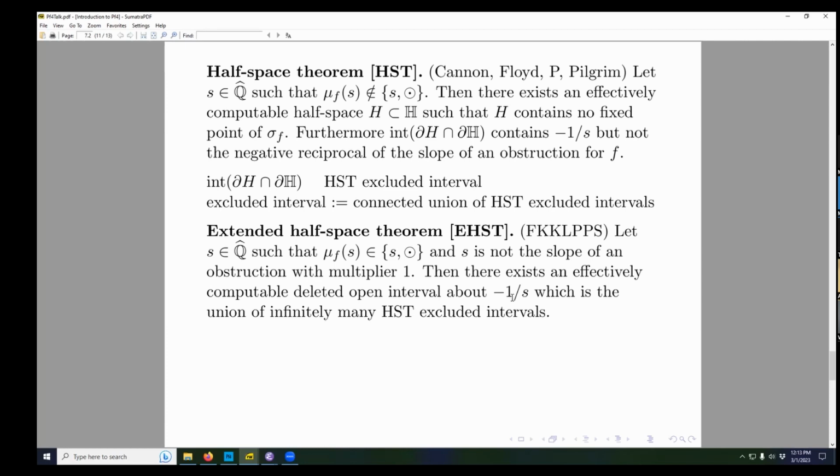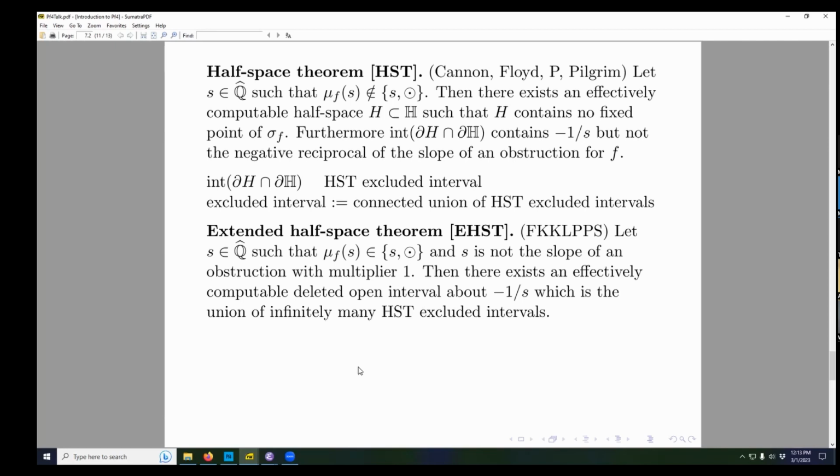So we get an open interval in the circle at infinity containing the negative reciprocal of our slope, such that all points in that interval are excluded from being negative reciprocals of slopes of obstructions, except possibly for this point itself. It's possible that S is the slope of an obstruction with multiplier bigger than 1.